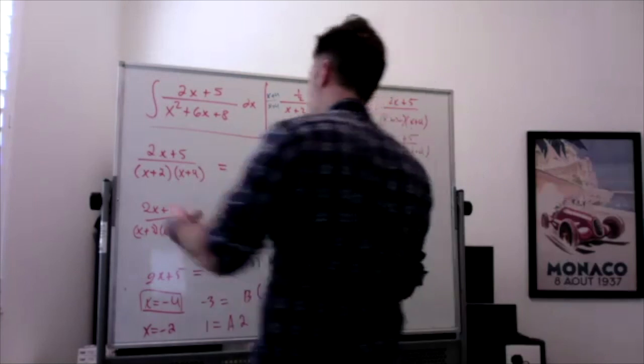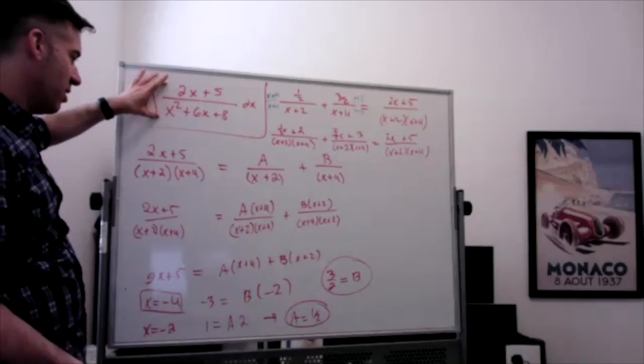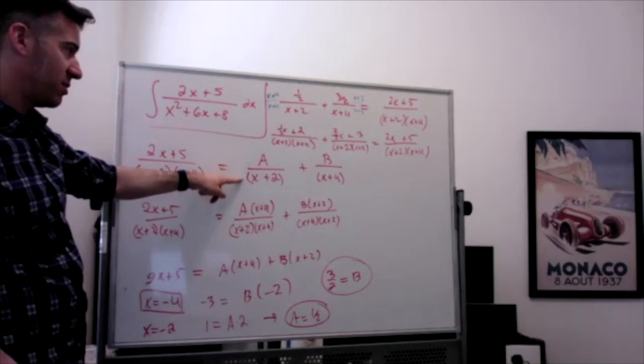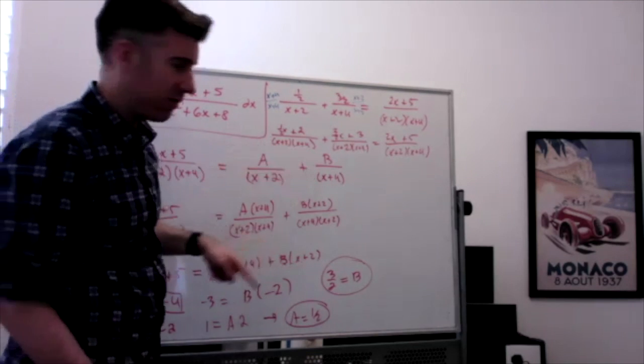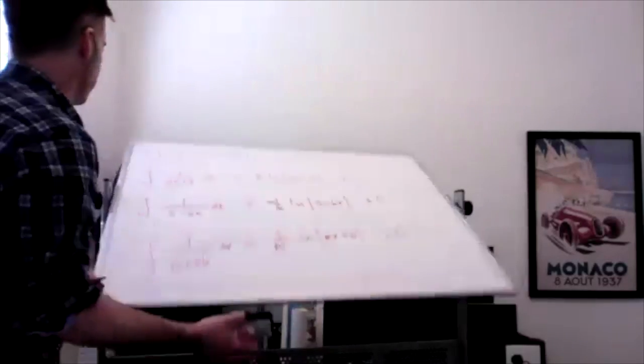So I'm going to take my integral and say, well, I'm going to replace 2x plus 5 over x squared plus 6x plus 8 with A over x plus 2 plus B over x plus 4.